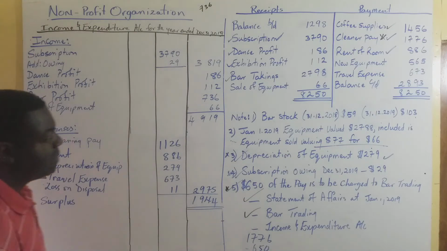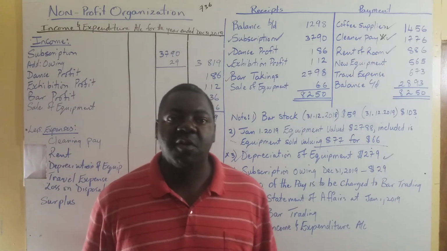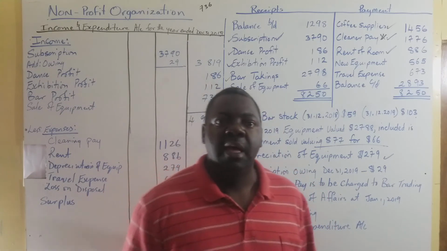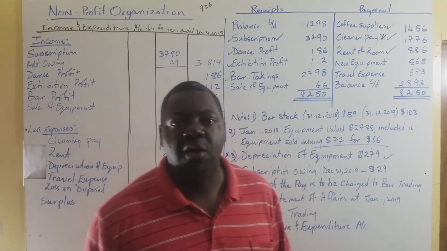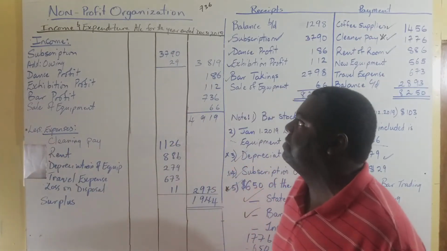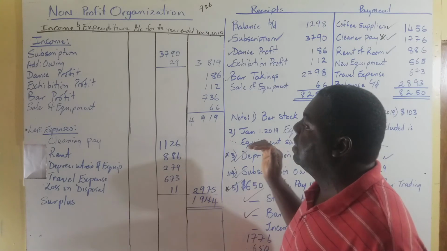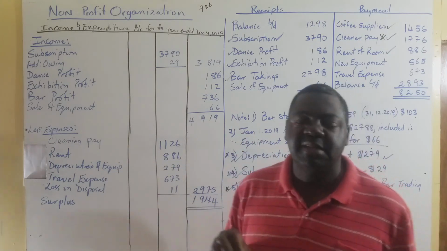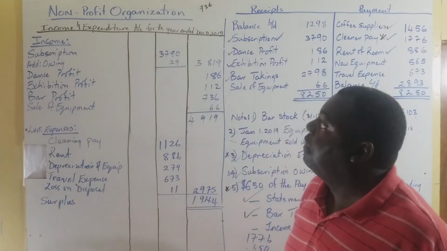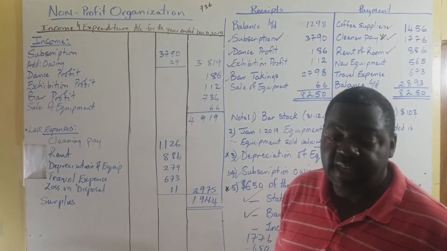All right. So ladies and gentlemen, thank you very much for sharing. We wanted you to get enough practice and to clarify any other misunderstanding that you have. Hence, this lesson was prepared for you to be able to understand the matters relating to accounts for non-profit organizations.